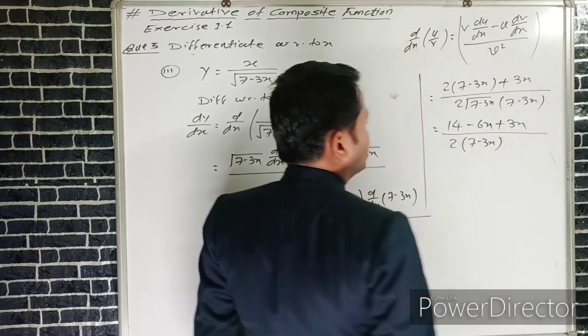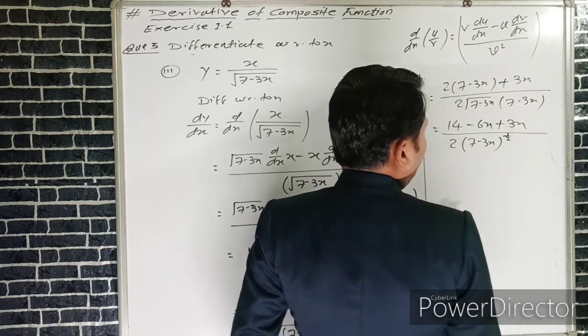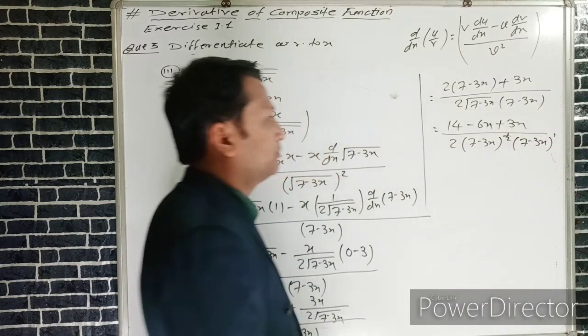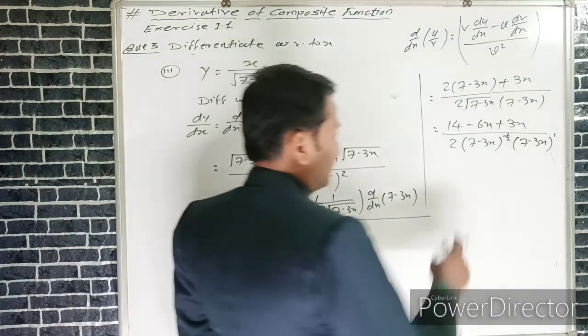Under root of 7 minus 3x can also be written in 1 by 2 form, into 7 minus 3x, whose power here is 1.